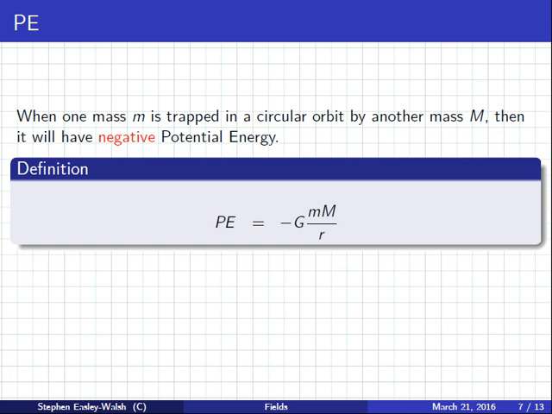Teacher, what do you mean by trap? You're really asking me? I mean, in this case, in orbit. So they are always trapped. No, no, no. You need to have the right conditions to get something in orbit.